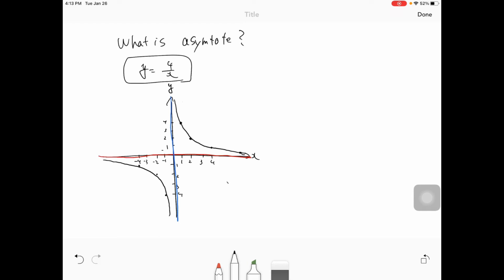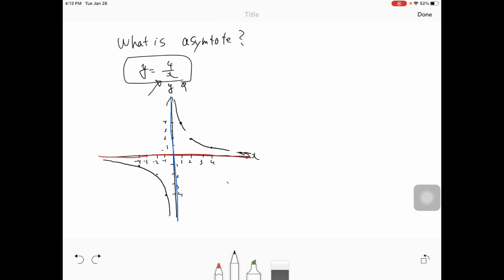Look at this x-axis. Even when the value of x is really big, y cannot be 0 and it cannot be negative either. On the other hand, when the value of x is really small, y cannot be 0 and it cannot be positive either.